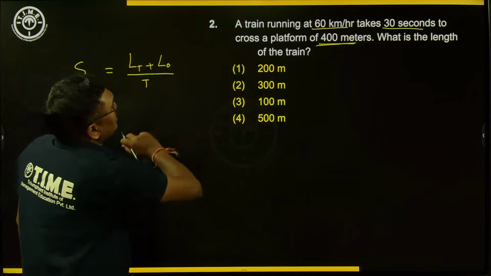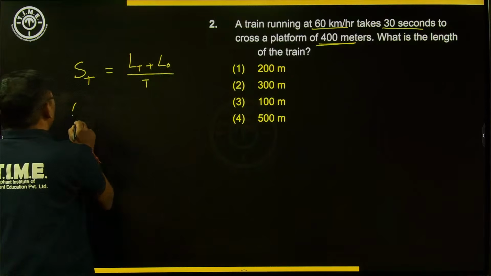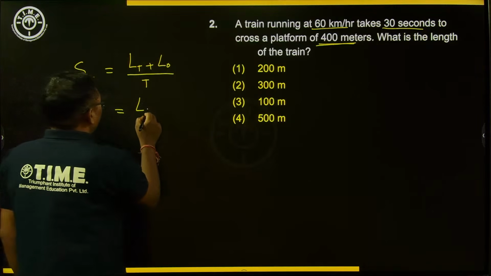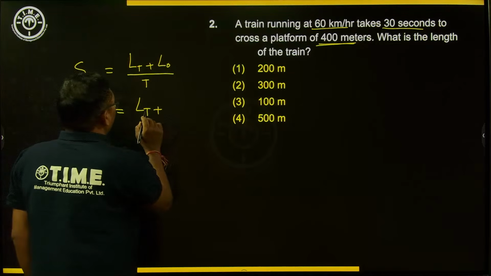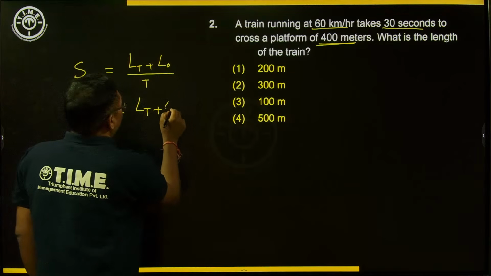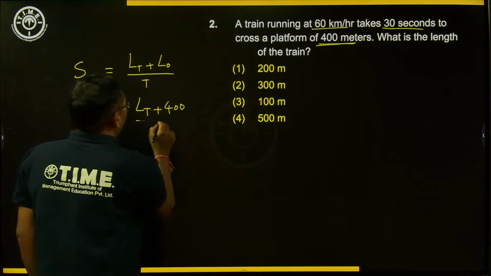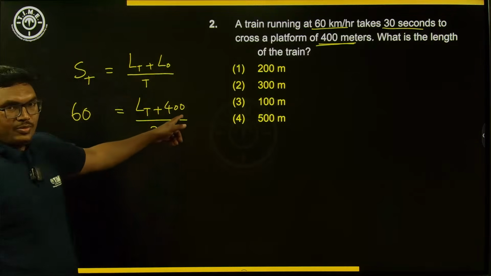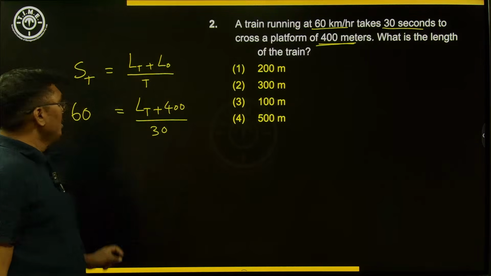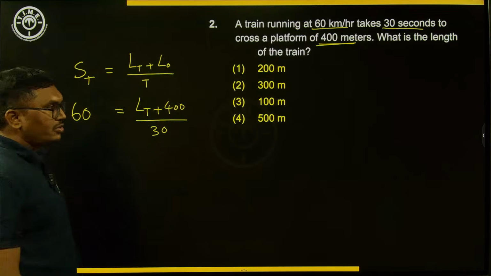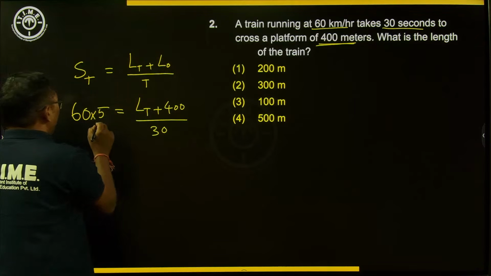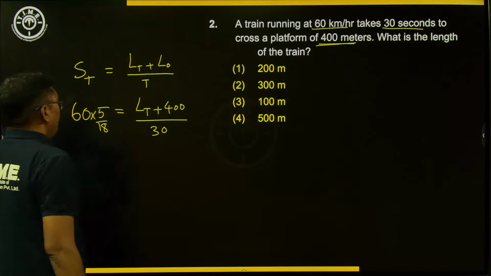So what is the speed? Speed is 60 kmph and is equal to length of the train plus length of the object, that is 400, by 30. If you observe the right side, this is meters, this is seconds. So convert kilometer per hour into meter per second. The multiplier is 5 by 18, right?